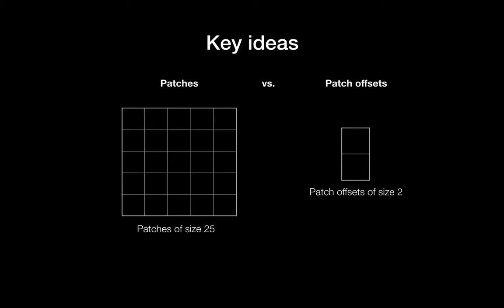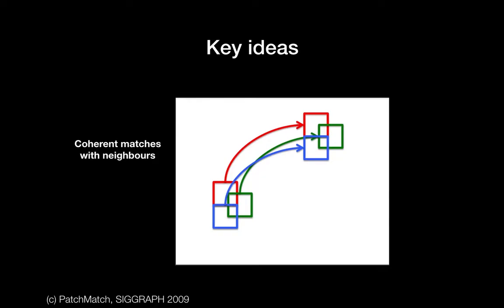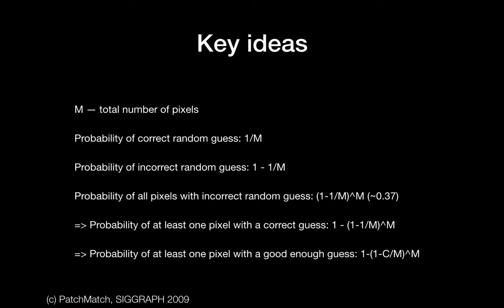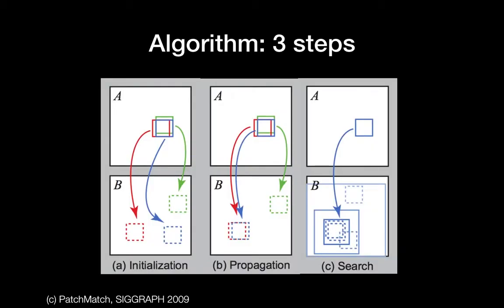It also makes the following assumption: if I have a corresponding patch in a certain position, since our objects are piecewise continuous, and pretty ordered, the next pixel will also correspond to the patch which is closer to the corresponding patch. This is the major assumption. I'll probably come back to this slide after explaining the algorithm.